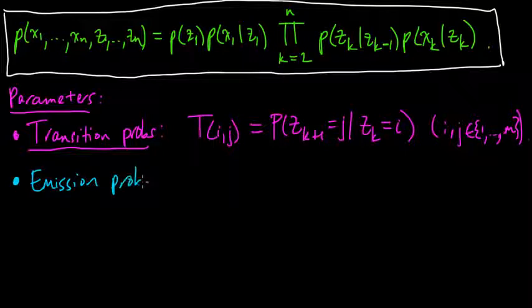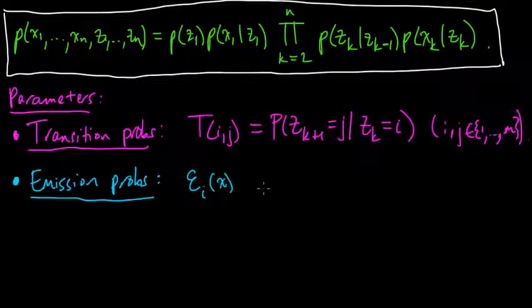The next set of parameters, or maybe a little more general, is the emission probabilities. In order to specify an HMM, we need to choose emission probabilities, and let me use epsilon sub i of x. Epsilon for emission, the probability that, this could be like a density, so I'll write it this way to indicate a density function.